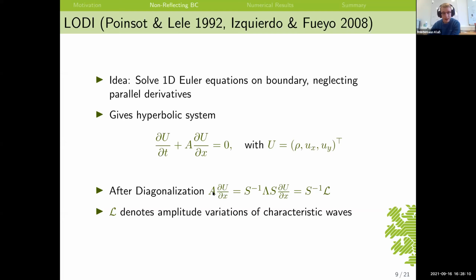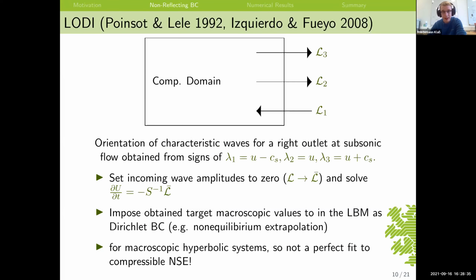And since this is a hyperbolic system due to dropping the viscosity, we are able to diagonalize this matrix A and eventually obtain an expression for the amplitude variations of the characteristic waves, which are encoded in this vector L here, that is essentially composed of the spatial derivatives of the macroscopic fields and the eigenvalues of this matrix A. So this we call characteristic analysis, and now we can neatly distinguish between incoming and outgoing characteristic waves by the sign of the eigenvalues of this matrix A. Just to give an example, for a right-hand side boundary of the computational domain and for subsonic flow, this eigenvalue lambda1 will be negative.